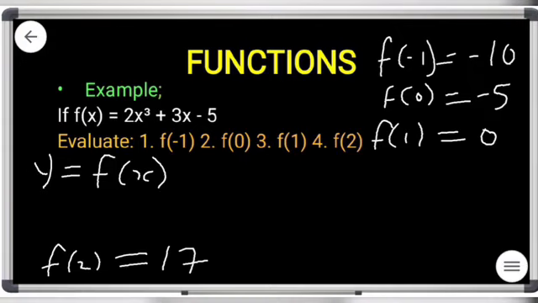As well, f of 1 is equal to 0, means y is equal to 0 when x is equal to 1. And when x is equal to 2, y is equal to 17, which is f of 2.